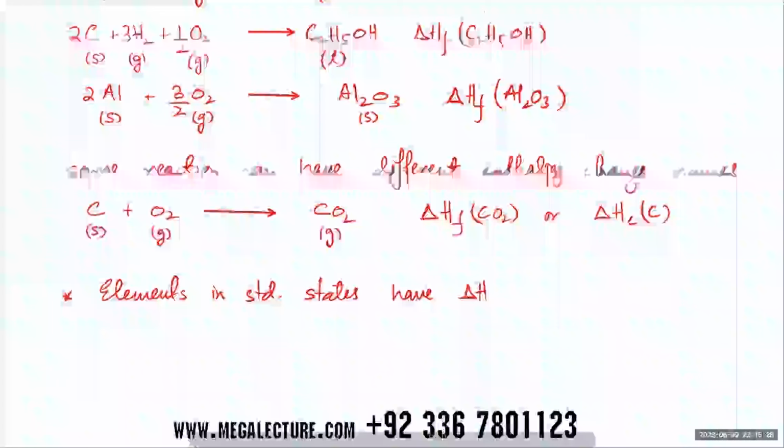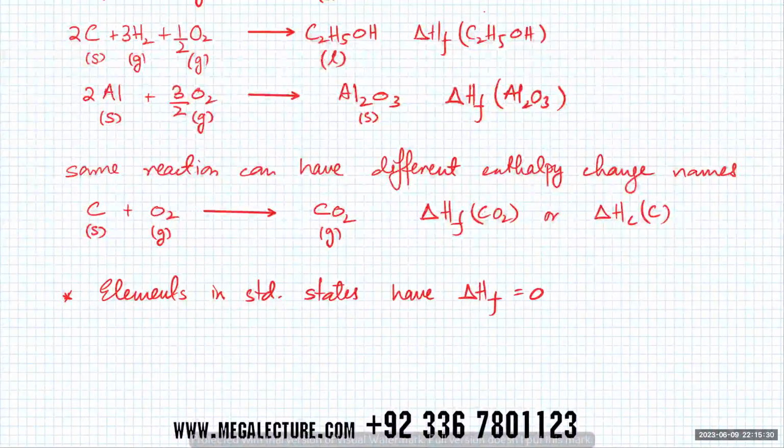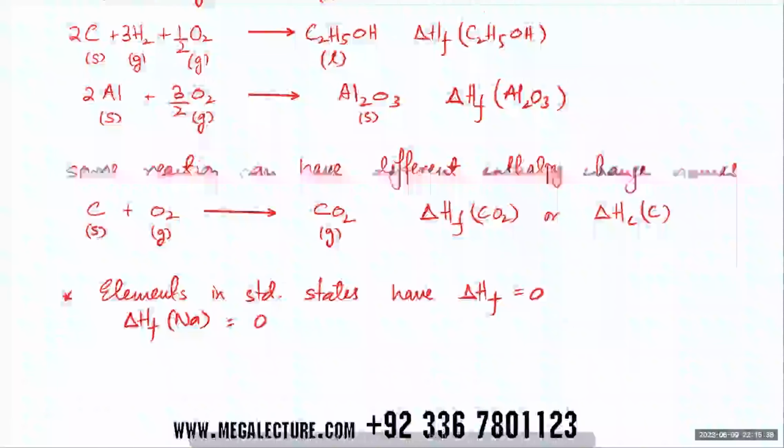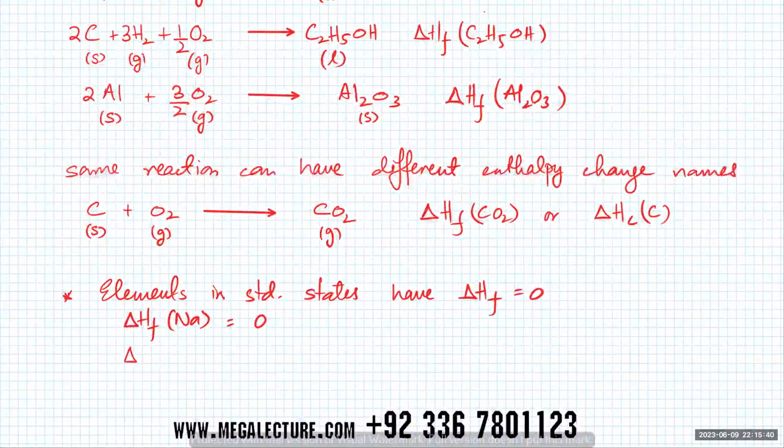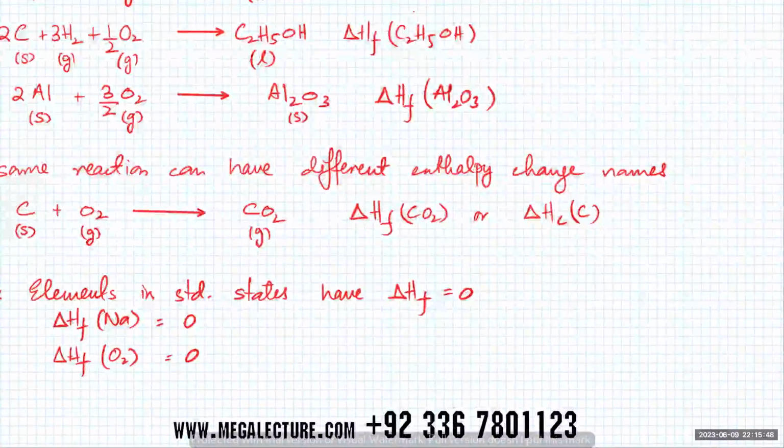So they have delta HF equal to 0. If I say delta HF of sodium, that's 0, because there's no energy needed to make sodium from its elements. Delta HF of O2, that's 0 as well. So keep that in mind. That's enthalpy of formation.